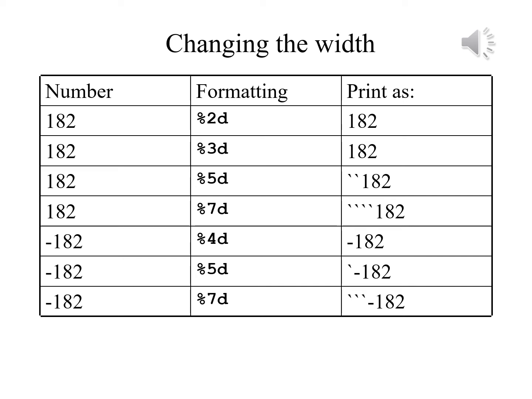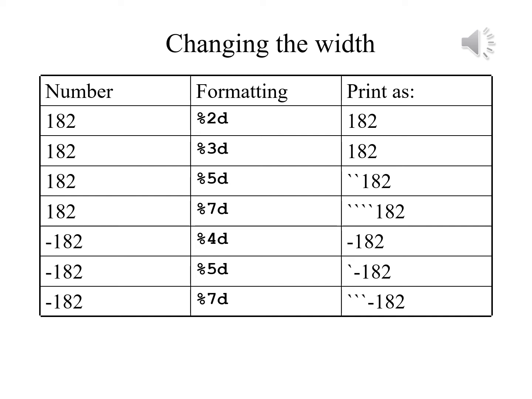182 with %5d will use 3 spaces to print the number, and 2 in front of it are left blank. The number in this case is right adjusted. This is the way, right aligned. This is how it normally will handle it. 182 with %7d, again right aligned, will have the 4 blanks up front and then the 3 digits.